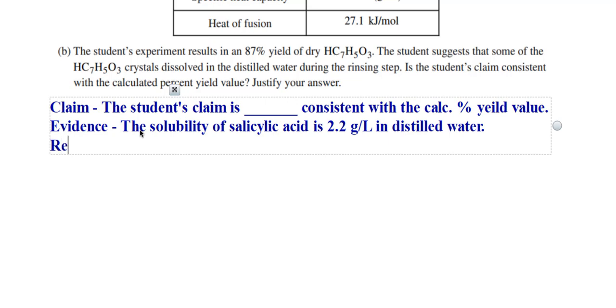But I also want to give a reason behind that evidence. I don't just want to sit there with the evidence and the claim. The reason is going to be the key step that we want to do.